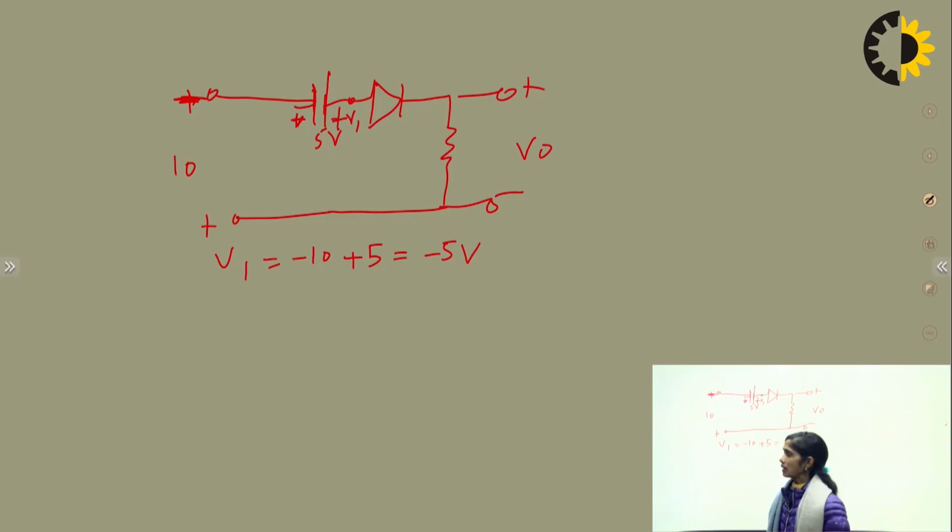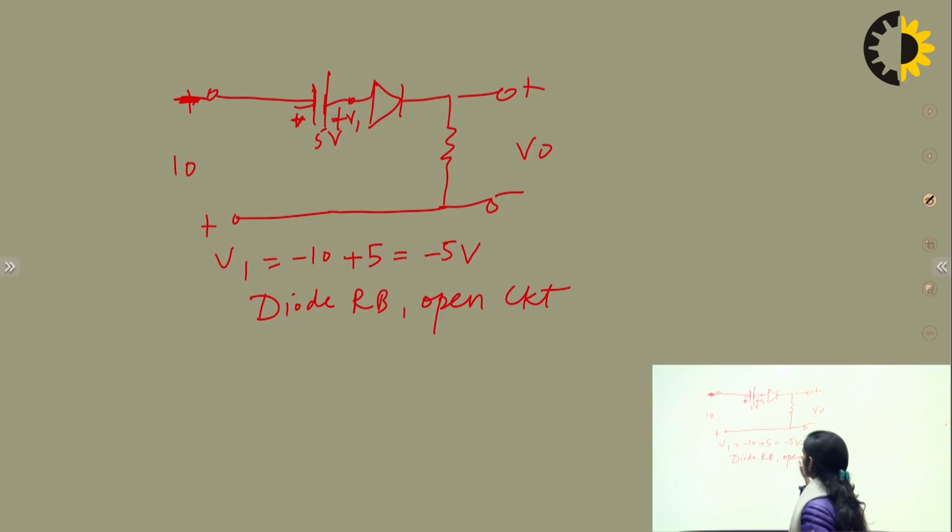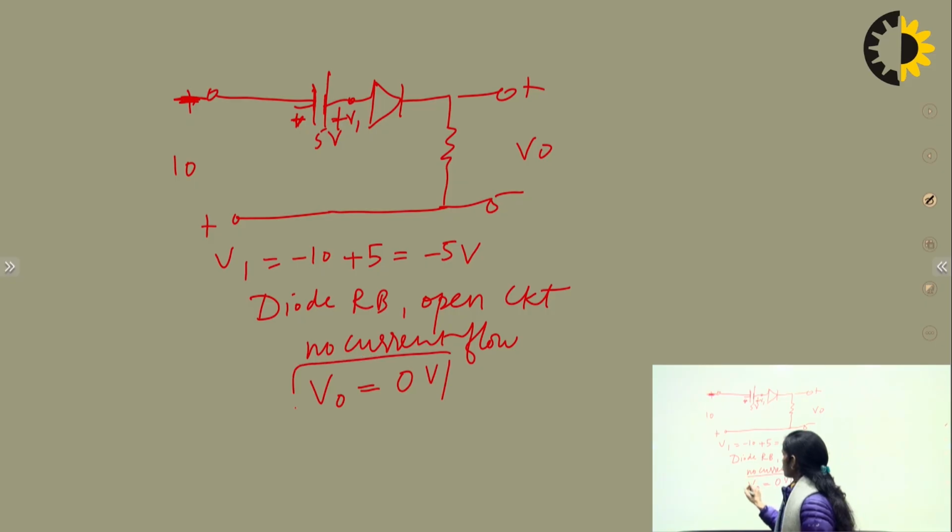So this minus 5 volt is going to make the diode reverse biased, and it is acting as an open circuit. If the circuit is open, no current flows, and the output obtained here is 0 volt. So we can say here the voltage below the 5 volt will be clipped.